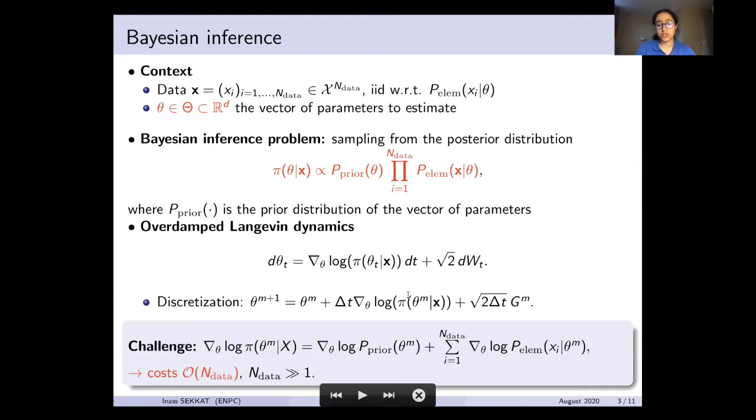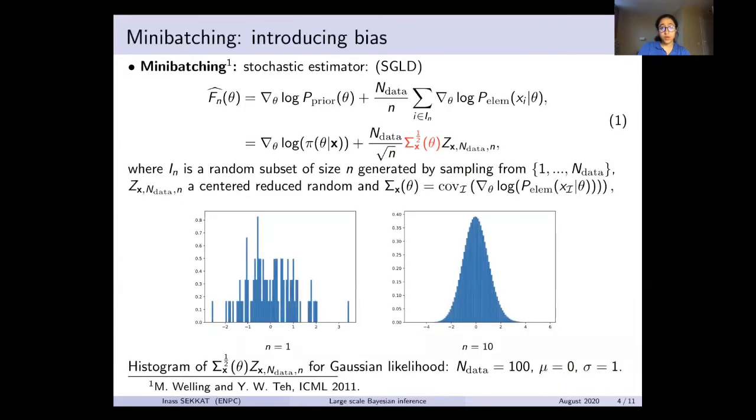So the main challenge that arises here is the computation of the gradient of the logarithm of P. At each iteration, we need to compute this gradient, which contains a sum of n data elements, which can be prohibitive when we want to do simulation over long times. So one way to circumvent this problem is to use the stochastic gradient Langevin dynamics, which suggests replacing the gradient by its stochastic estimator at each time.